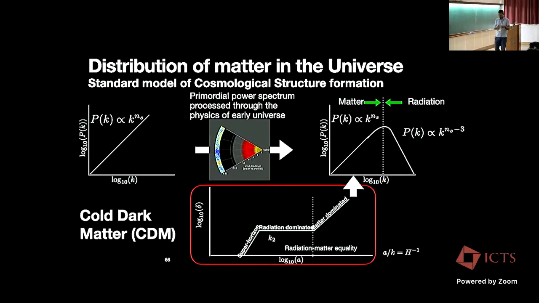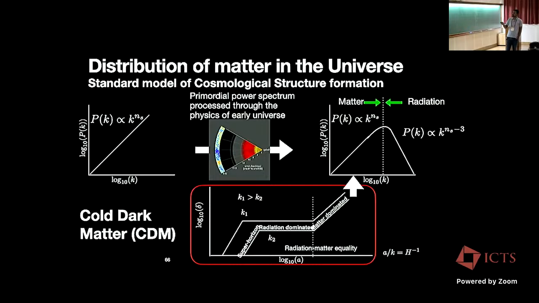There's always going to be a horizon size, roughly a over H. So as a particular mode k is super horizon, which means bigger than the horizon size, it's going to grow linearly like this. Then in the radiation dominated era it is going to be frozen, and then in the matter dominated era it will again increase. But a different mode will do the same thing at a different a.